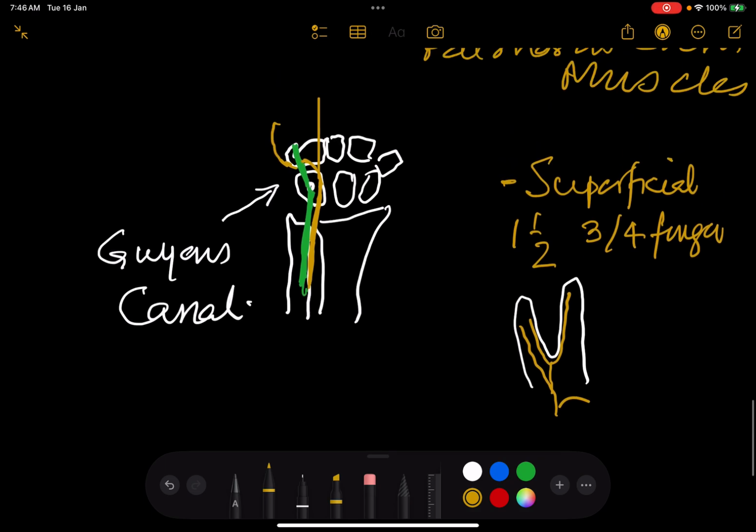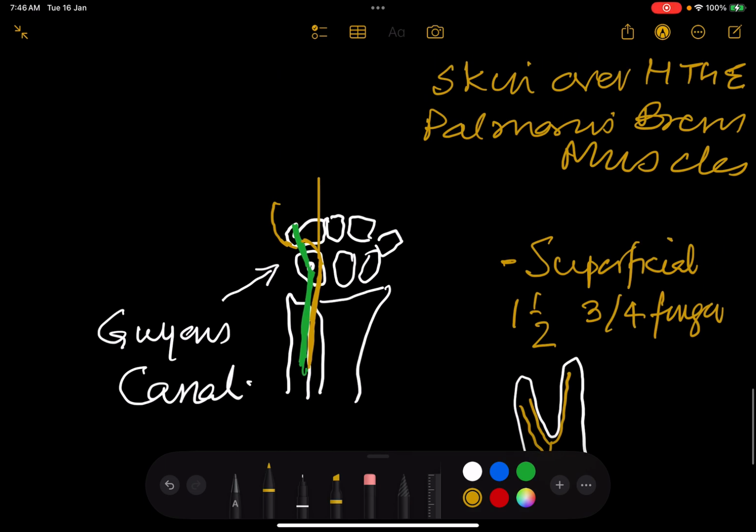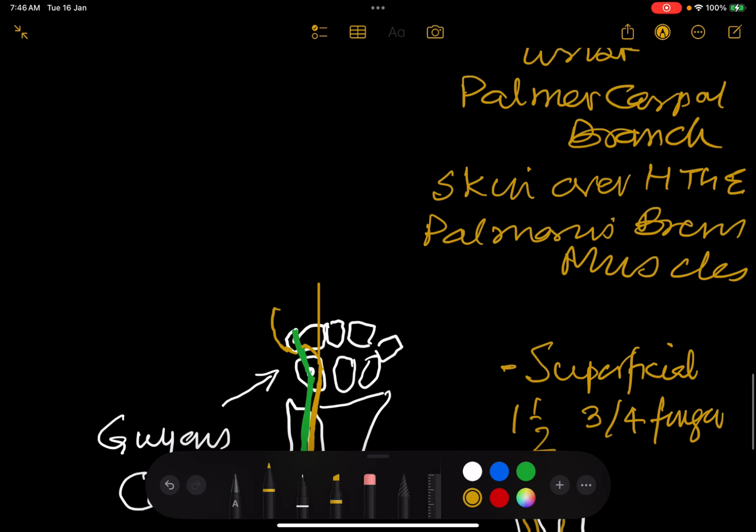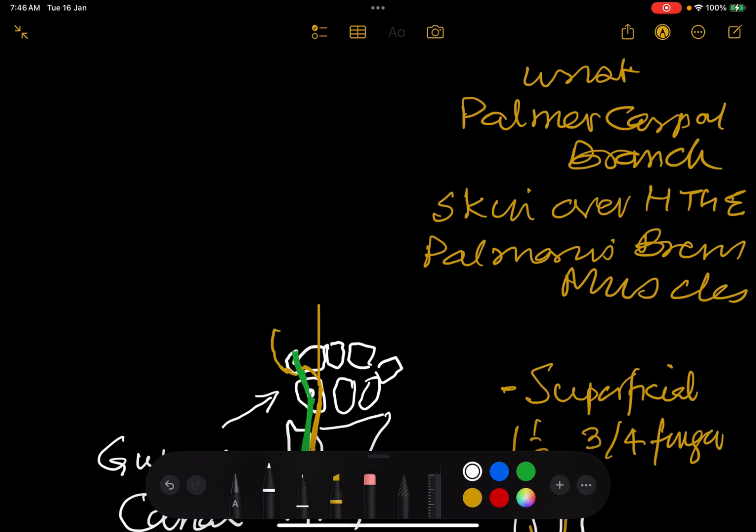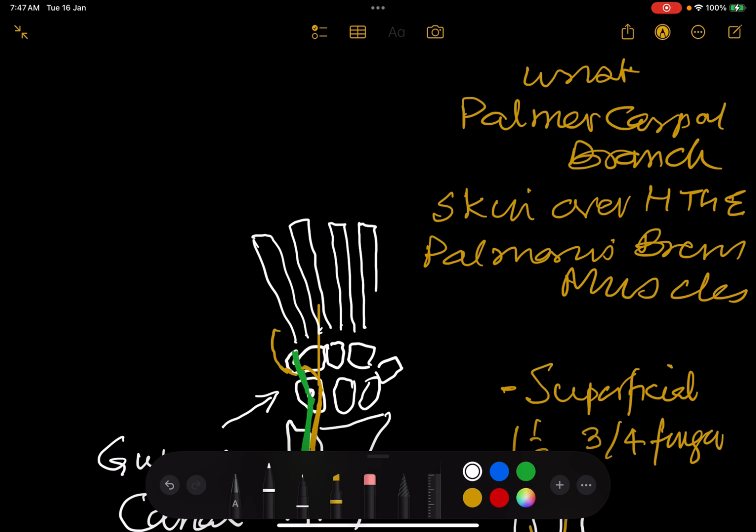Now the deep nerve, we'll draw the rest of the metacarpals to understand this. So this is the first one, this is the fifth one, the fourth, the third, the second, and the first metacarpal of the hand.